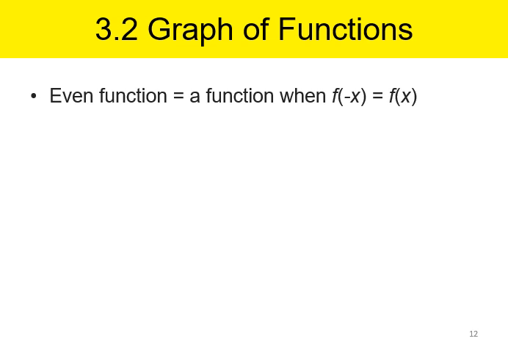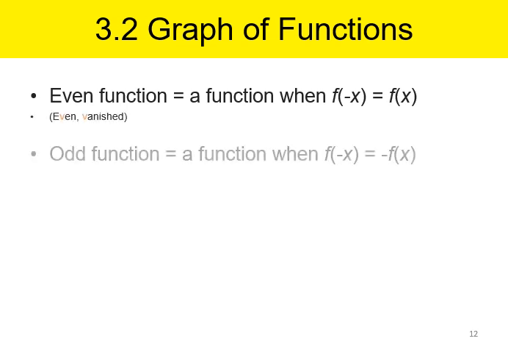Sometimes you will hear somebody say, oh, this is an even function, and sometimes you hear people say, oh, this is an odd function. What is an even function? What is an odd function?